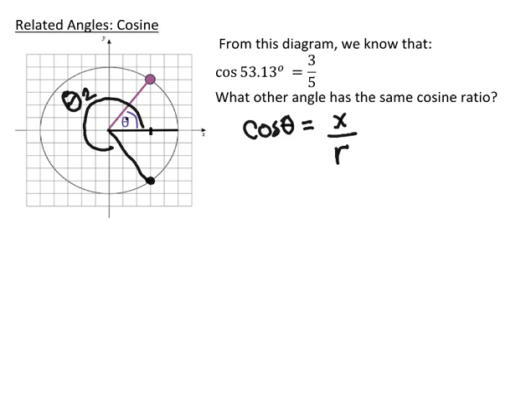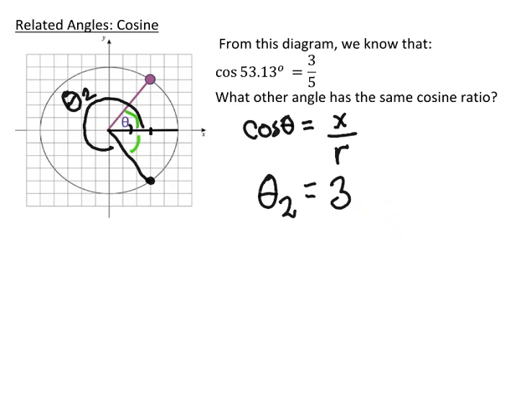So theta 2 has the same cosine ratio as theta 1. Let's just call that a theta 1. And notice there's also some symmetry here. If this is 53 degrees on that side of the x-axis, then this must also be 53 degrees down there. And so how I can calculate theta 2 will be by doing 360 degrees.